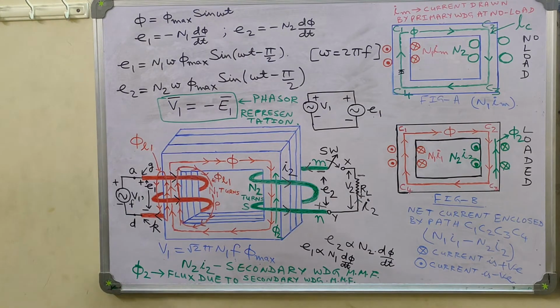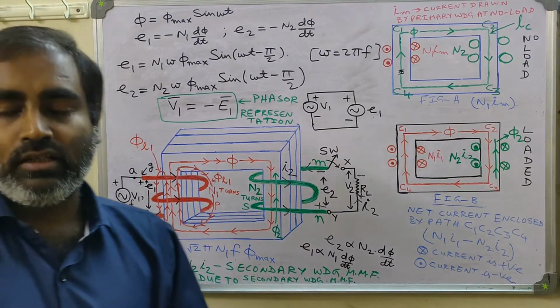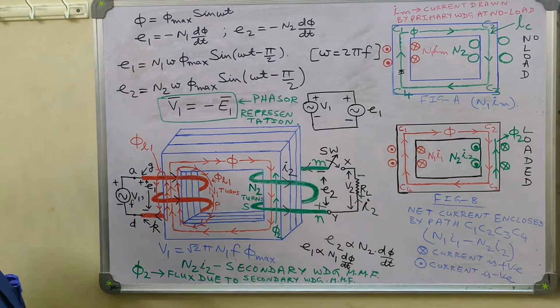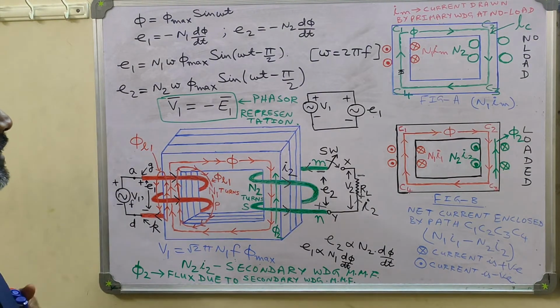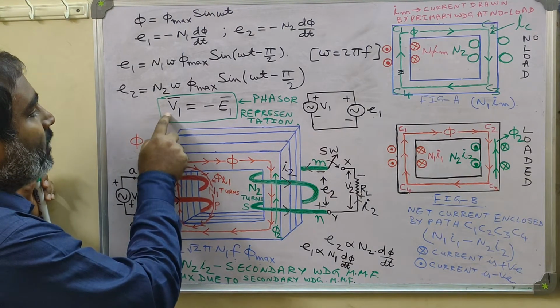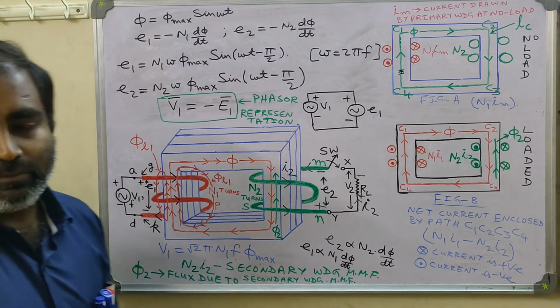Now there is some argument actually. People do give some argument. The argument is also very much reasonable. It is that in the phasor diagram, some people don't like to indicate V1 and E1 180 degree out of phase. So what is the logic behind this?